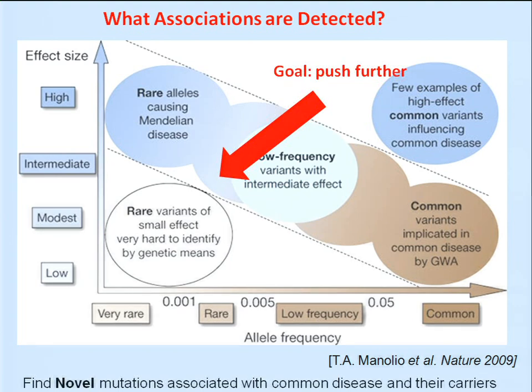So to find those rare variants, we need again to screen populations. For example, we just look at regions of interest.